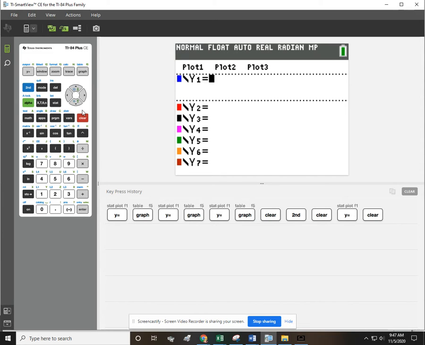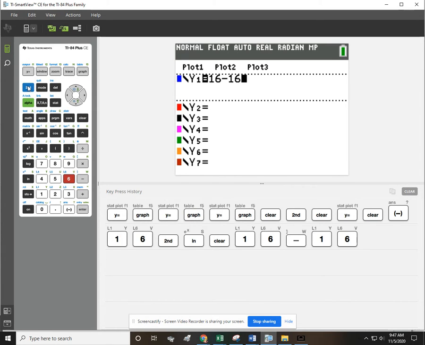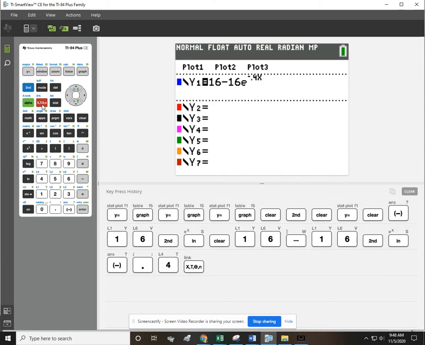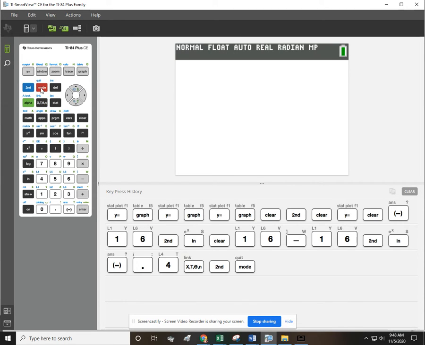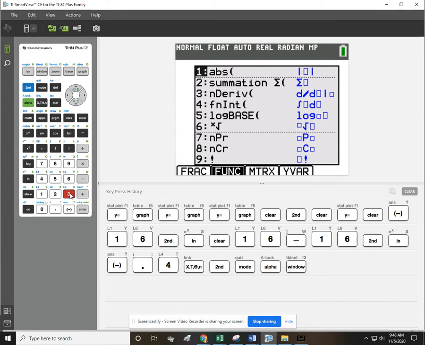But on the TI-84, we're going to go to y equals, and we're going to type in the function. Oops, let me start over. That was typing in the derivative I had written down already. I'm going to go ahead and use x since we're in function notation. Okay, so then I will quit out of there. And then to find the derivative, we're going to use alpha window number 3.